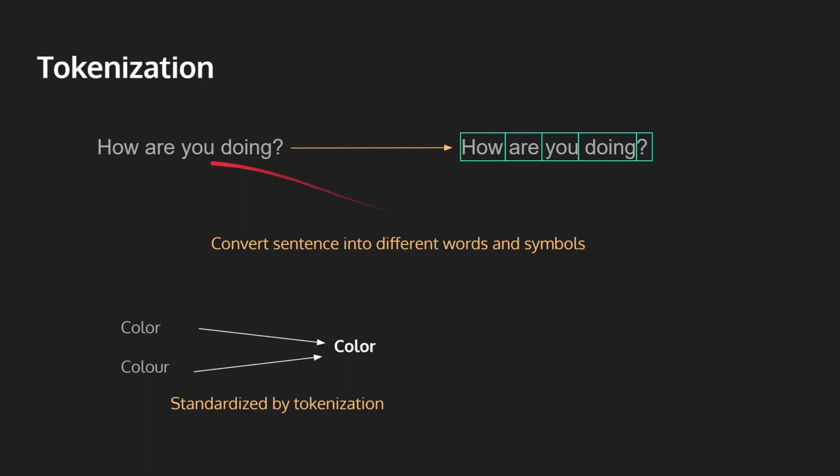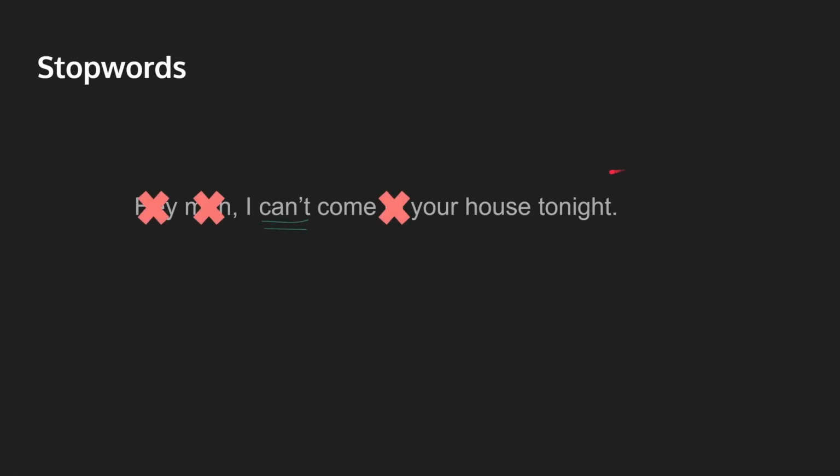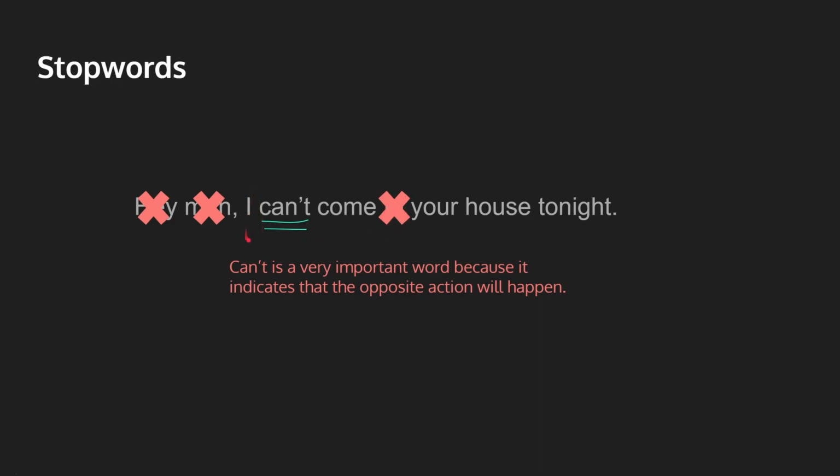Instead of the sentence being analyzed together, we analyze each individual word, and each individual word has different meanings. With stop words, we're canceling the words that we don't really need to interpret our sentence, and keeping the essential ones that allow us to interpret what the sentence is trying to convey.